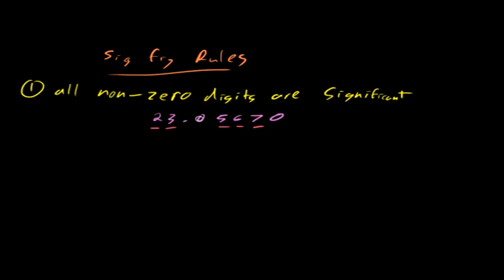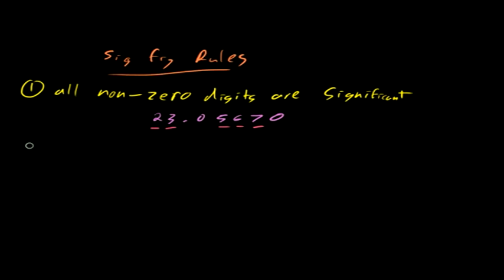Every non-zero number is telling us some information, and hopefully that should be intuitive. We wouldn't hold a decimal place with a 2 or a 3. We would be holding a decimal place with a 0. So hopefully that's a little bit intuitive for you.